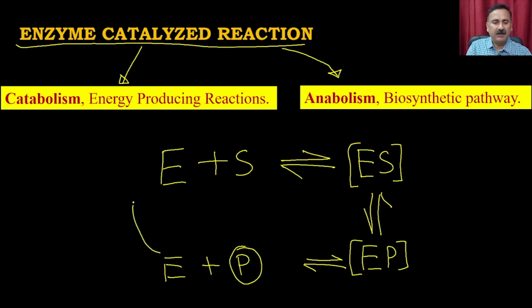This enzyme will again go into the cycle and receive another molecule of substrate. Now, how can we measure the enzyme activity? The ability of an enzyme to process a number of substrate molecules is a direct measurement of the activity. So if you want to measure the enzyme activity, you have two options.